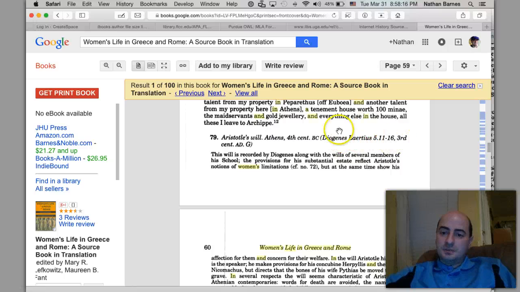And then this is the bibliographic information in Diogenes Laertius. And you could pick up Diogenes Laertius, go to book 5, and this is where it would be. And she tells us he's in the 3rd century AD. So she's telling us it was 600 years between the source writer and the original person that wrote the will.